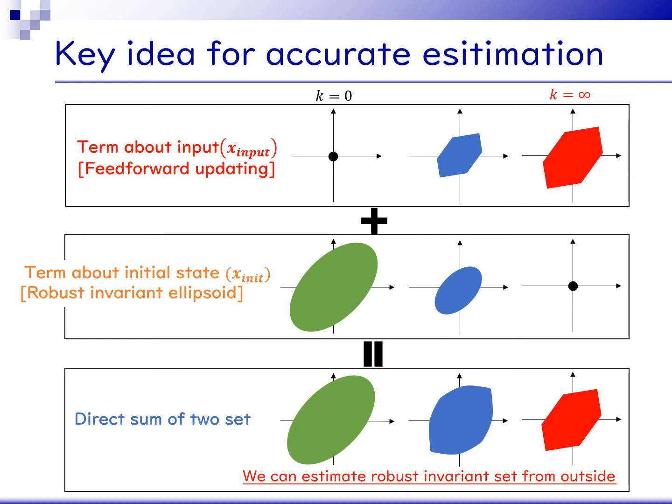When k goes larger, a smaller invariant set can be obtained. We can estimate the robust invariant set from outside. When we set k larger as much as possible, a small set can be obtained from this sequence.